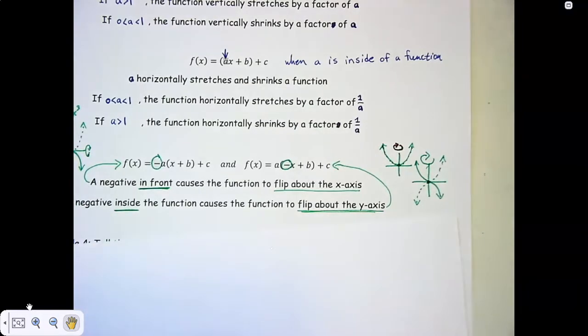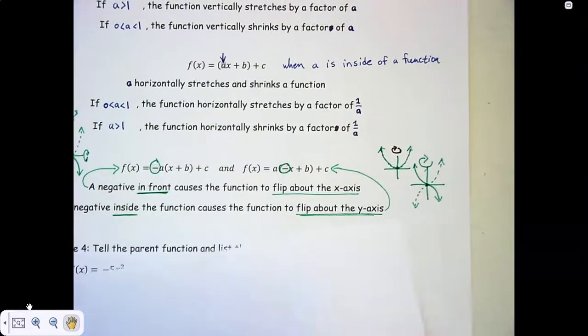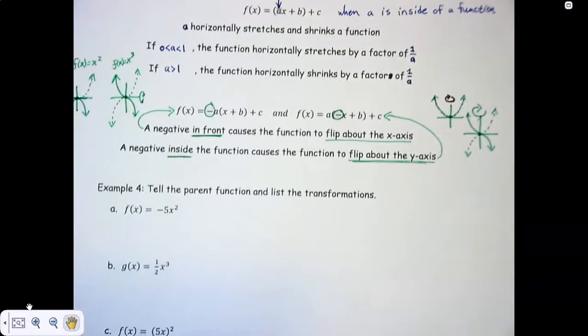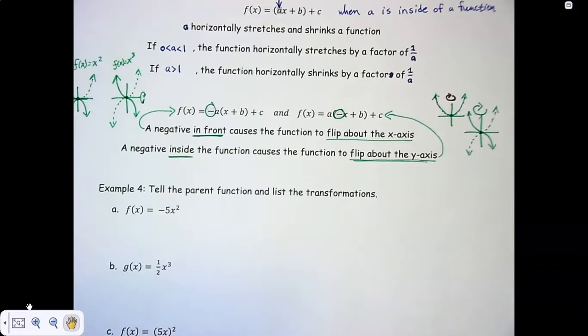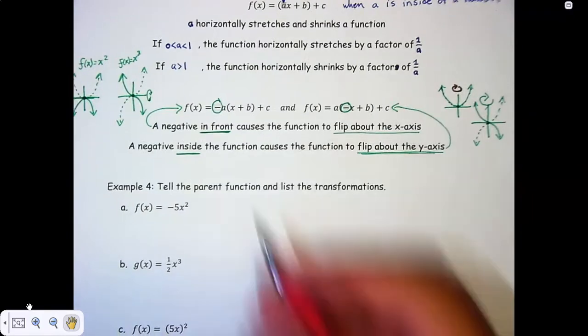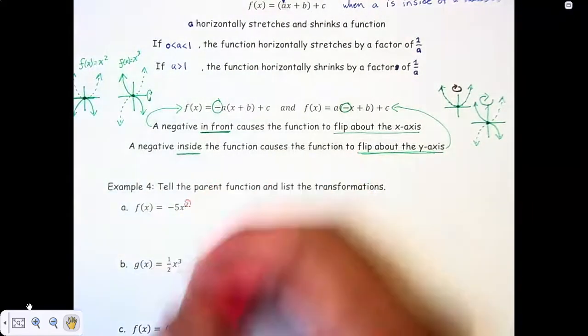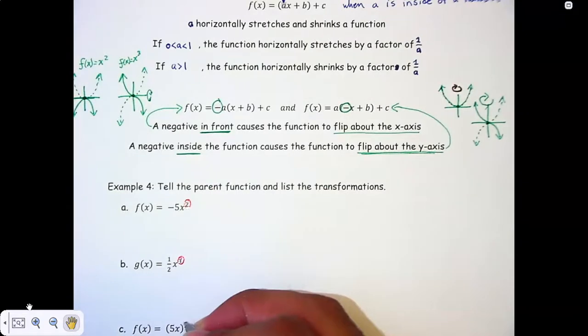All right, so let's get to our examples really quick, and then we're going to get into putting everything together. So example 4, this time we're not going to graph it. All we're going to do is tell the parent graph and list the transformations. So there's no graphing this time. Whew. All right, first off, we're going to look at the parent graphs for each one of these.